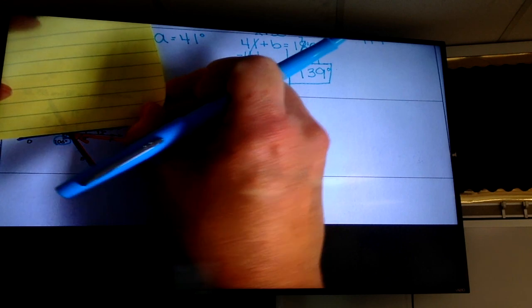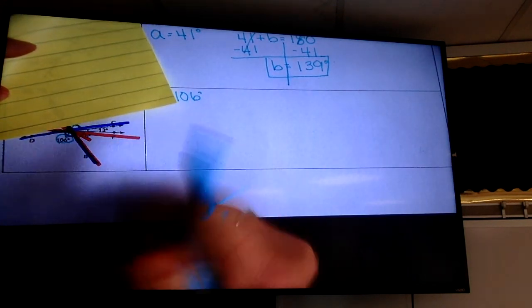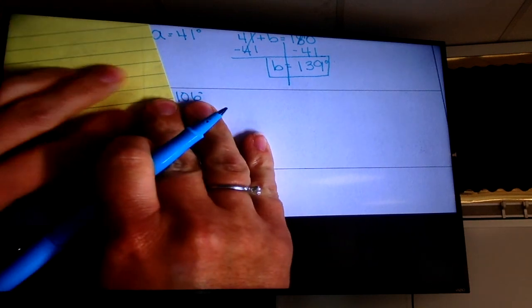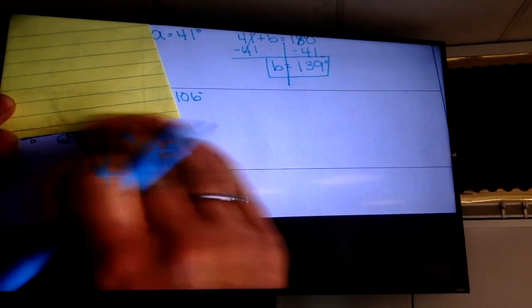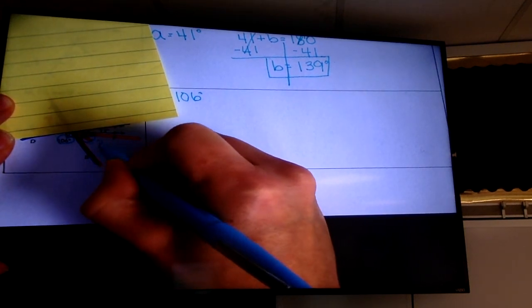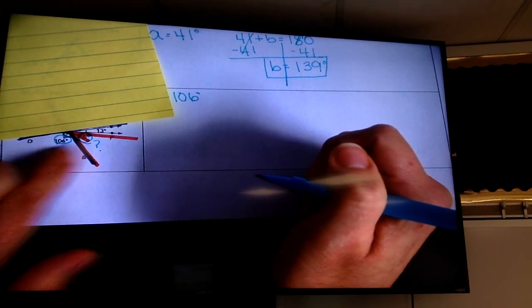So I know this right here is a straight line. It tells us line CD is in fact a straight line. So I'm going to cover up the rest of it and use the information shown to help me figure out what the value of B is. I want to figure out what this is right here.